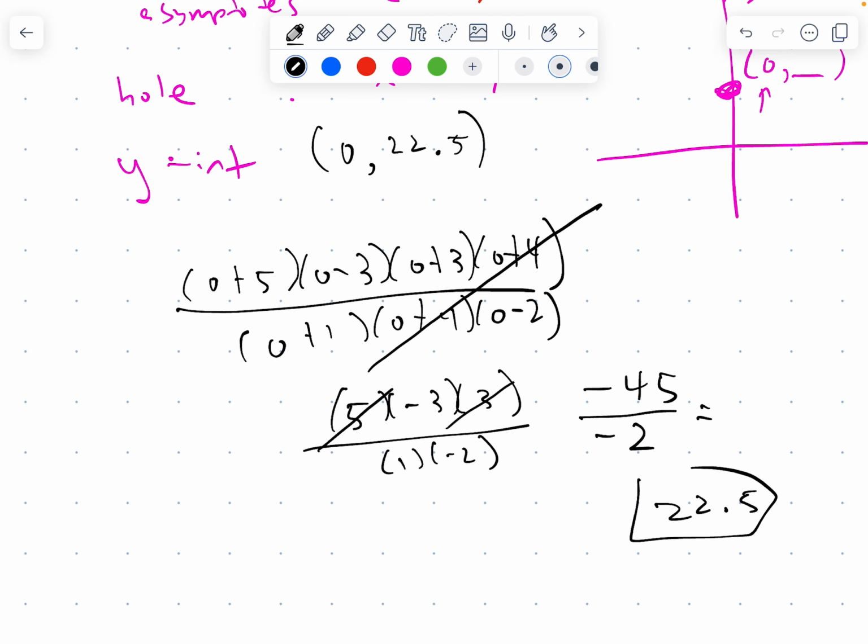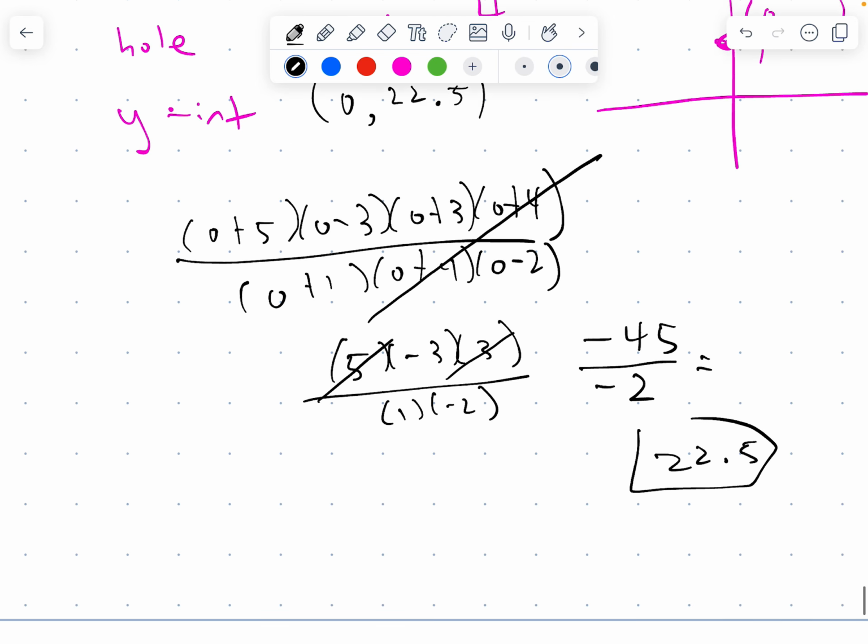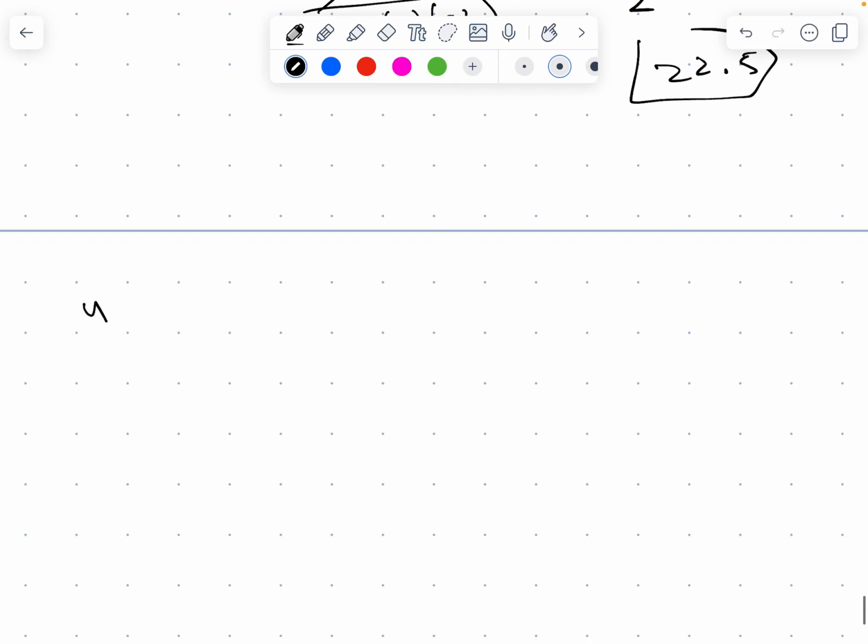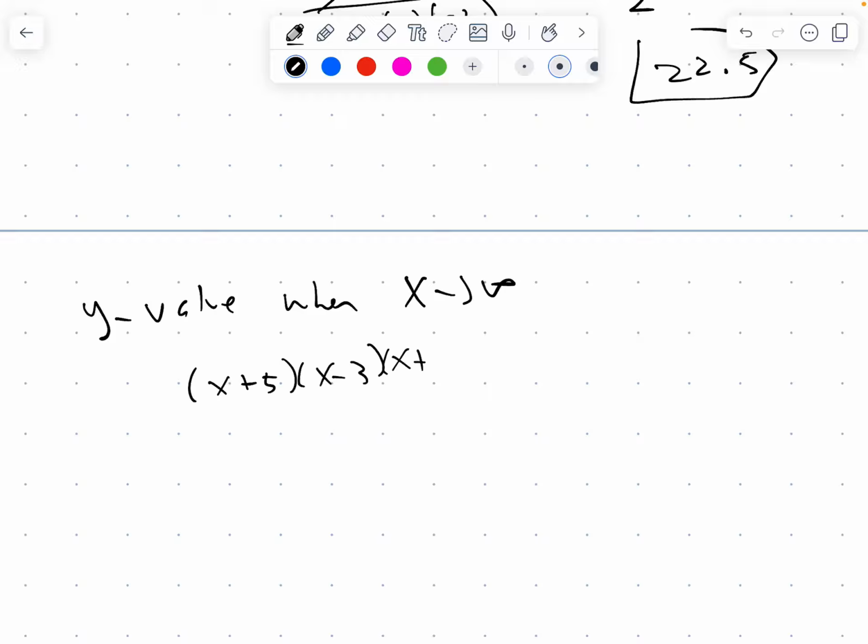Okay. Now, the next thing we've got to find is the y value when x approaches infinity. Let's go back to our equation. We've got (x + 5)(x - 3)(x + 3)(x + 4) on the top.